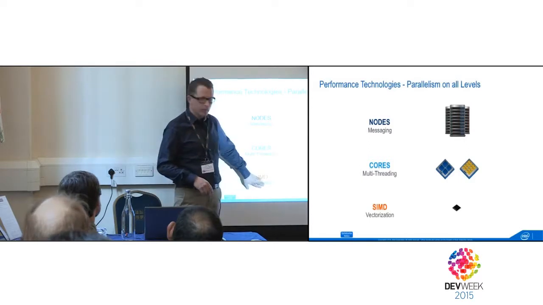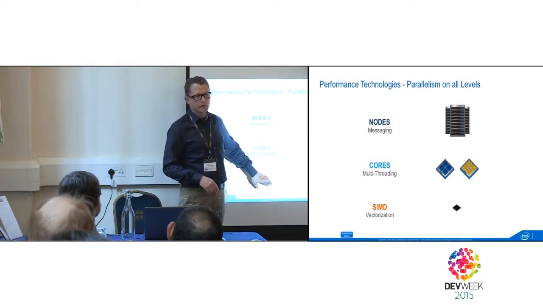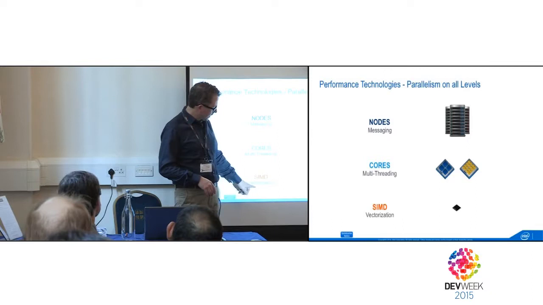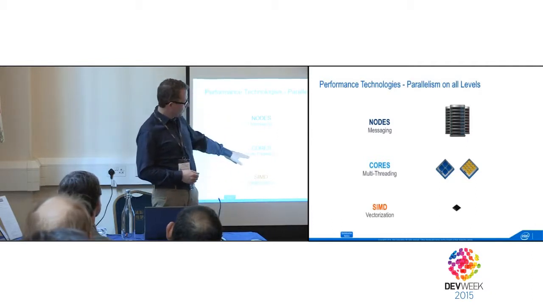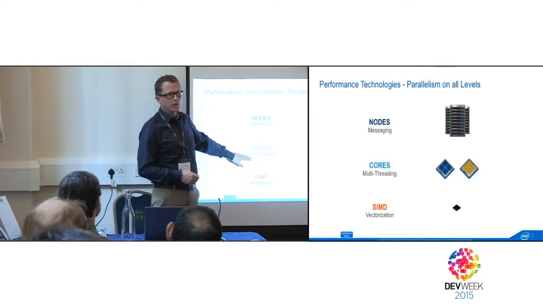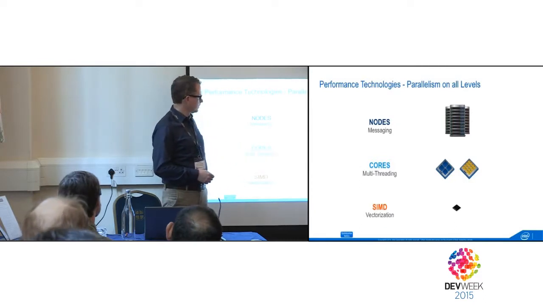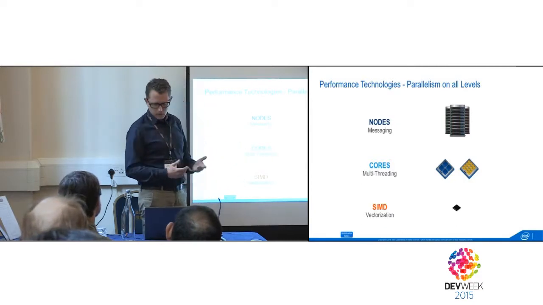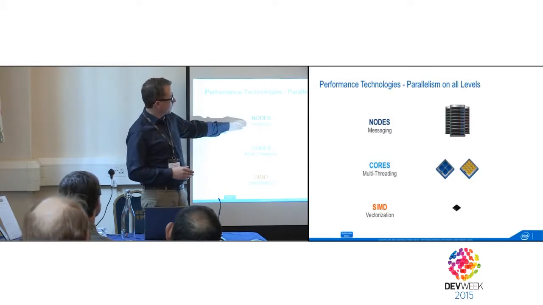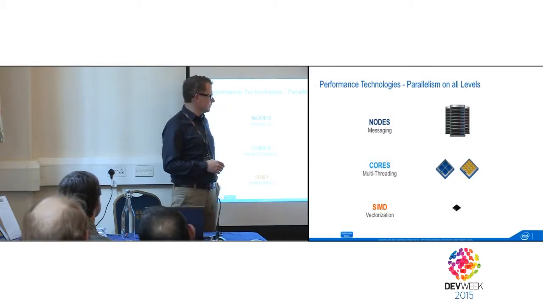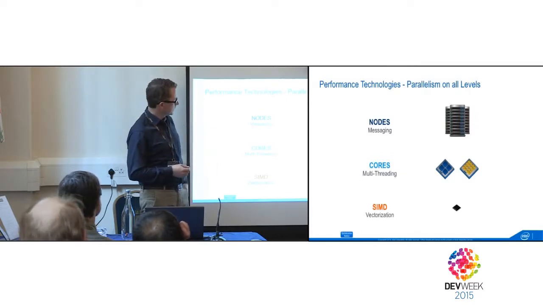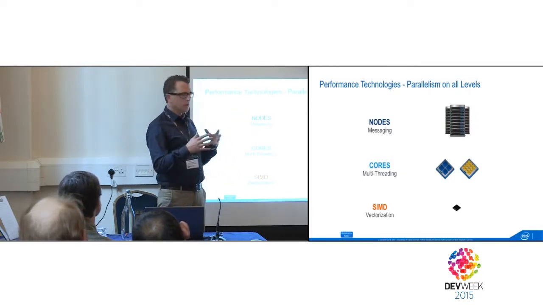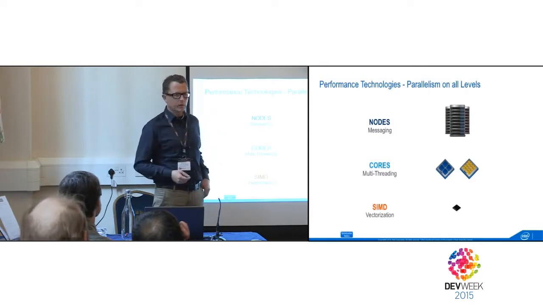This is very important. If you really seek performance in C++, vectorization is something you should look at. Then multi-threading, that's the more traditional parallelism. And then if you're in high-performance computing, if you're using server clusters, it's going to be at the node level, different servers plugged together.